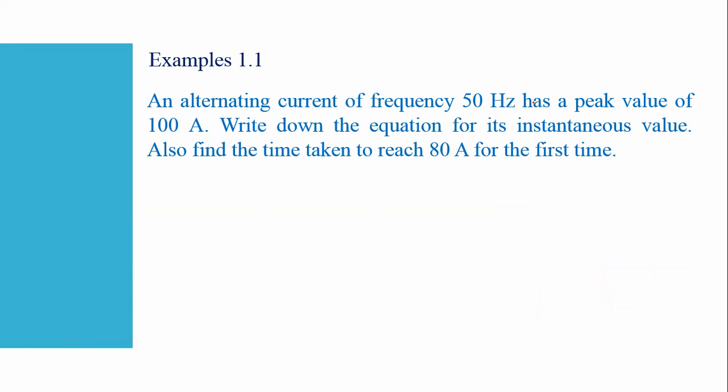So first of all, we have to find the equation of instantaneous value. All of you know about equation. i is equal to Im into sine. Now either you can take theta or you can take omega t or you can take 2 pi ft. We have four different forms of instantaneous equation. You have to choose your equation accordingly the given data.